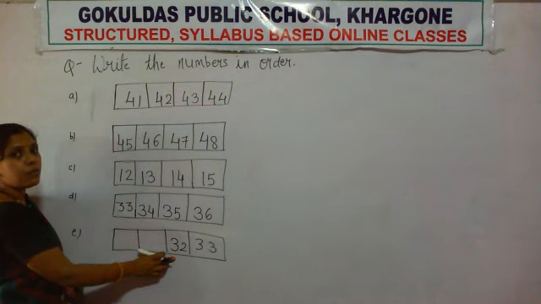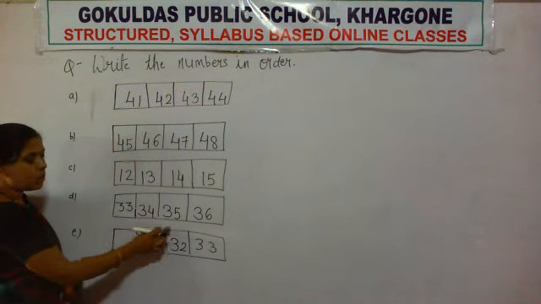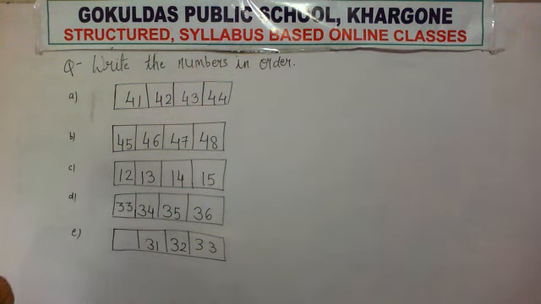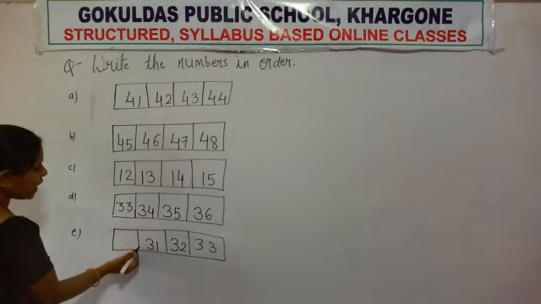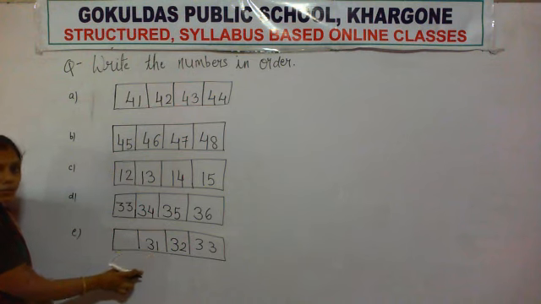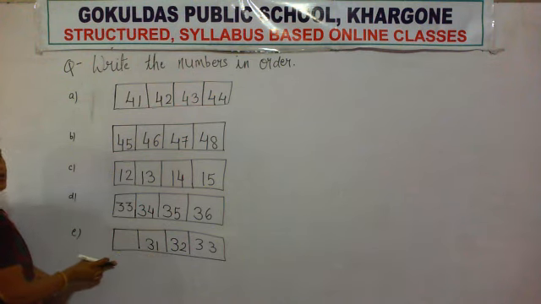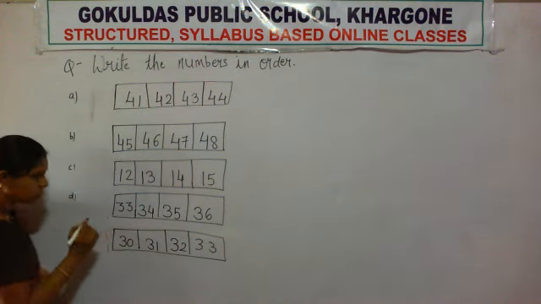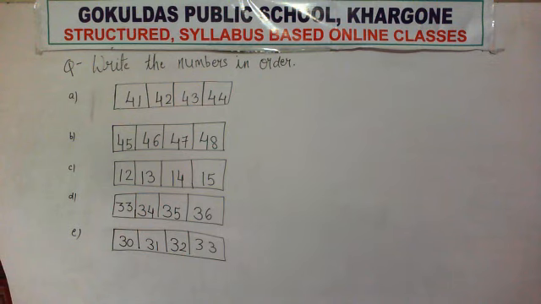Now which number will come before 32? The number that comes before 32 is 31. Now we have to write the number that comes before 31. Which number is that? 30.